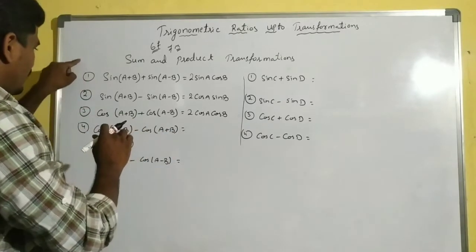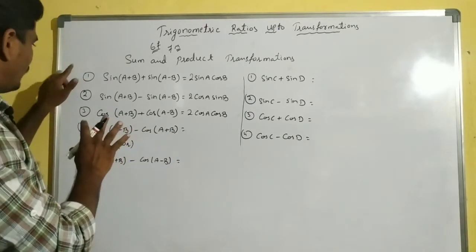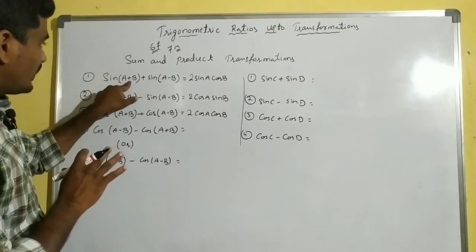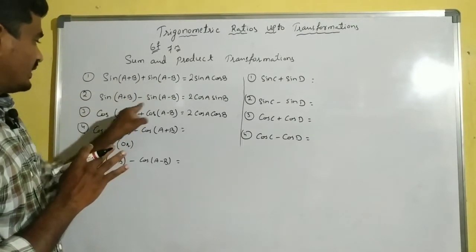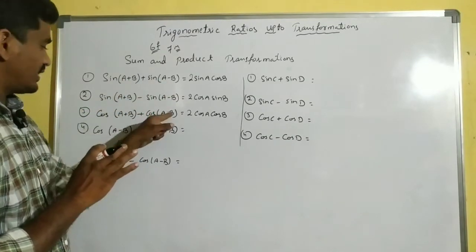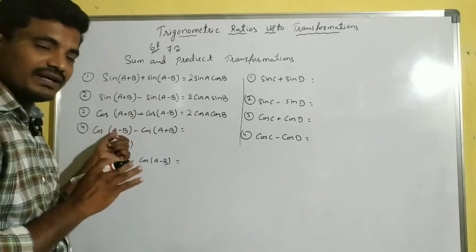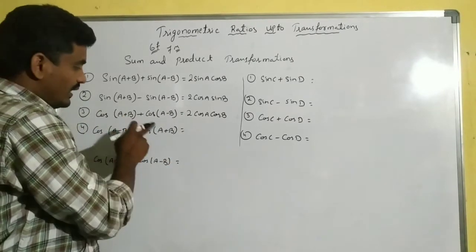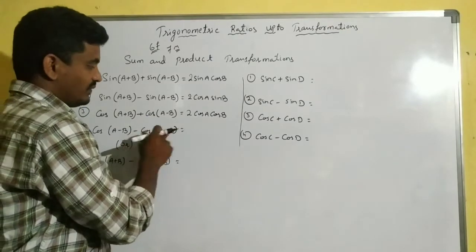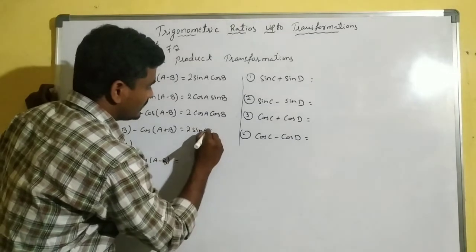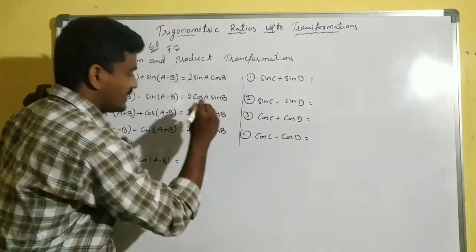When you compare all these formulas, in the first ones we take plus first and then minus, sum and subtraction. But here I am taking minus first and then positive, negative and positive sign. So this time you get 2 sin a sin b.